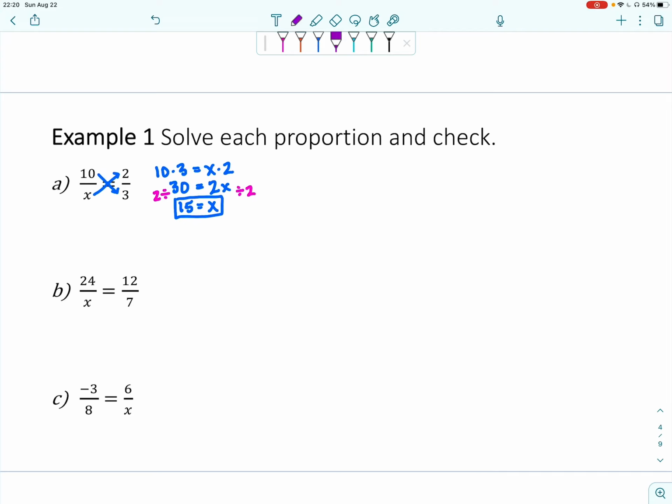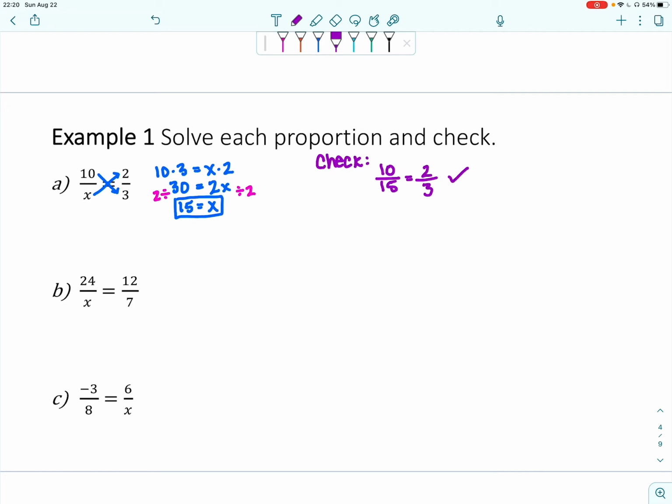And then we can check. So 10/15 equals 2/3. The easiest way to check this is to just plug it into your calculator. 10 divided by 15 is 0.6666666666. 2 divided by 3 is 0.66666666.